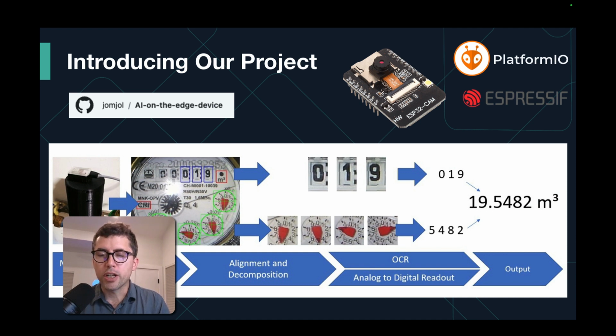The name of this project is AI on the Edge device. It's kind of a mouthful, and you can find it on GitHub. It runs on an ESP32 camera module, which you can buy for less than $10. The idea is that it takes a picture of your utility meter, which can be water, gas, or electricity, every minute, converts all the digits of the meter into an image, and runs them through neural networks to convert that into a number.